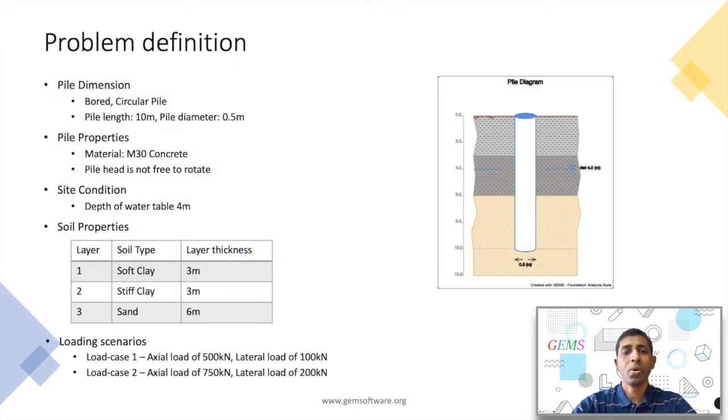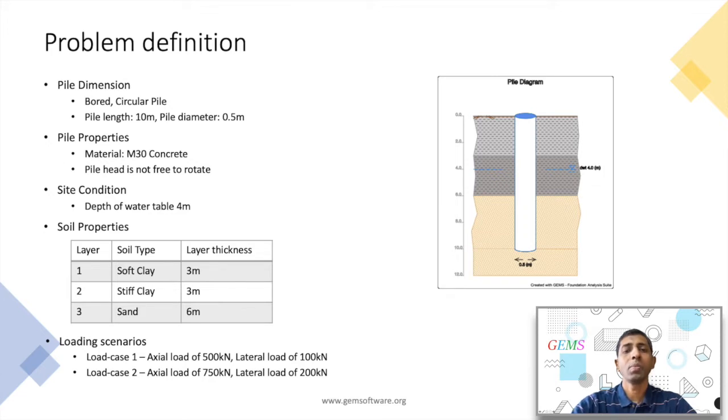We have a bored, full circular pile 10 meters in length having a diameter of 0.5 meters. The pile is constructed with M30 concrete. The pile head is not free to rotate under lateral loads. The soil consists of 3 layers: soft clay 3 meters thick, stiff clay 3 meters thick, and a sand layer 6 meters thick.